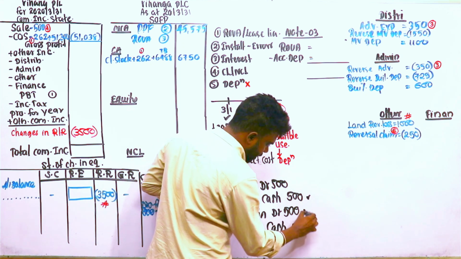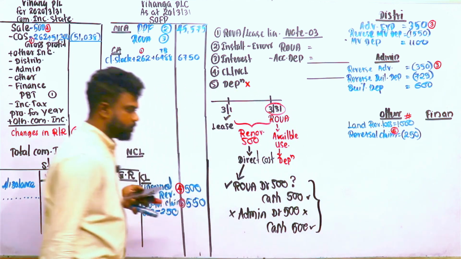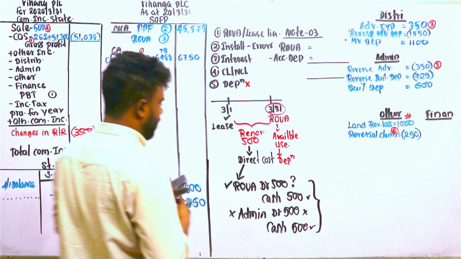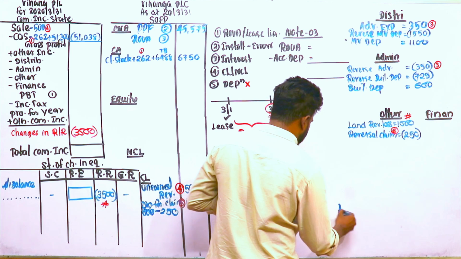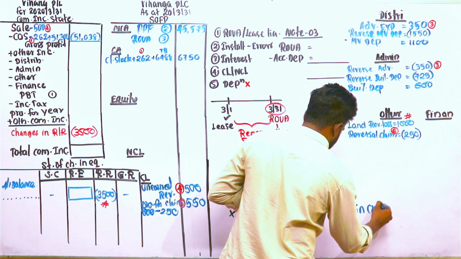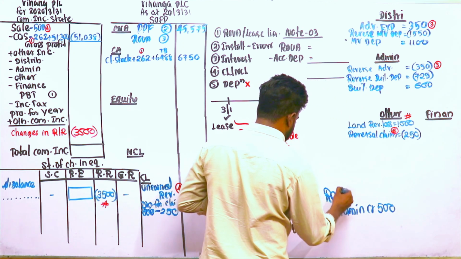Cash okay, but the debit entry should be debited to right of use asset. What's the correction entry? Admin should be credited again. Clear? 500 debited to what? Right of use asset.